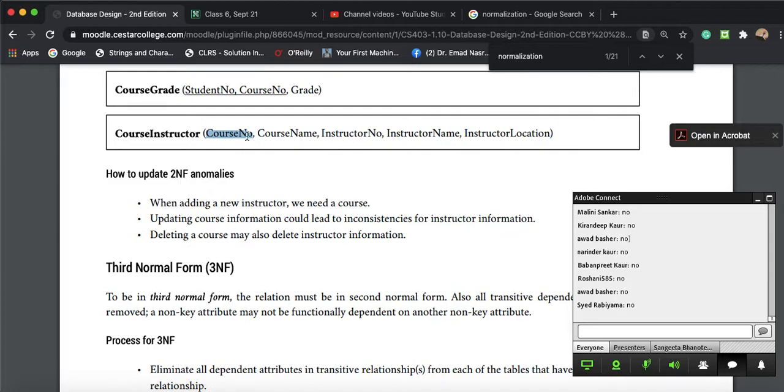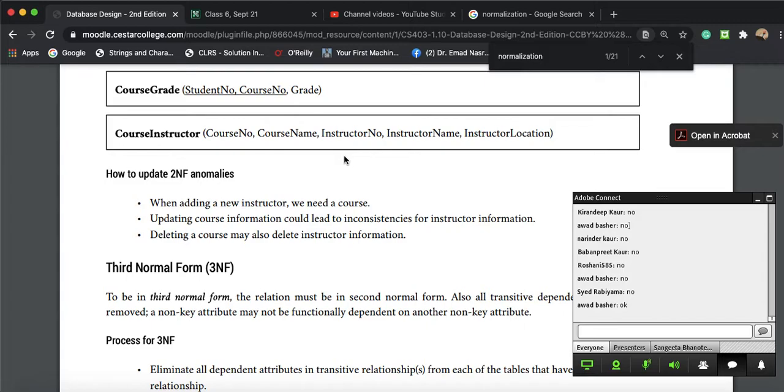So whenever I change the course number, the instructor number will be changed, so the instructor name will be changed, which means the instructor name indirectly depends on the course number. This is the transitive dependency. Transitive means not depending directly, but transitively.